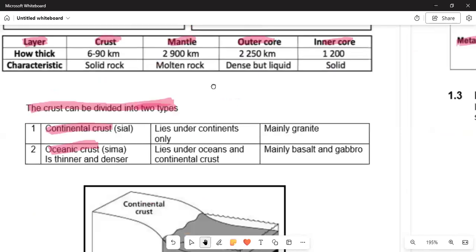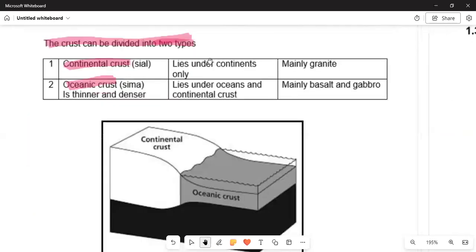If we are moving on, we must understand that the crust can be divided into 2 types. Number 1, the continental crust, which is the sial, and number 2, the oceanic crust, which is the sima. It is thinner and denser.